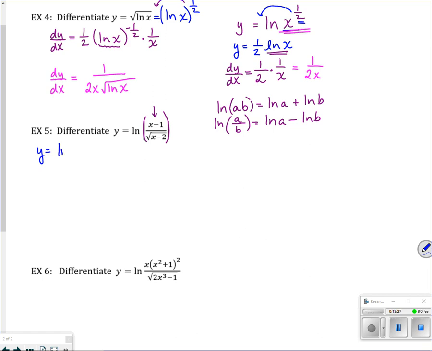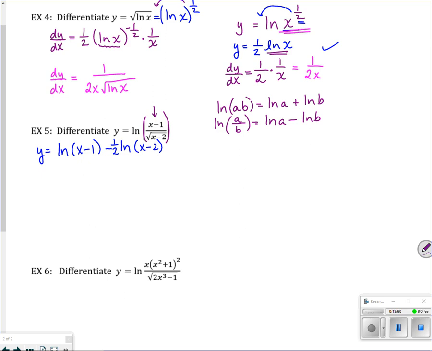I'm saying that's the natural log of x minus 1, that's on top, minus the natural log of x minus 2. Now that would be x minus 2 to the 1/2. So I'm going to combine it with the property we discussed up here, and I could rewrite it that way.